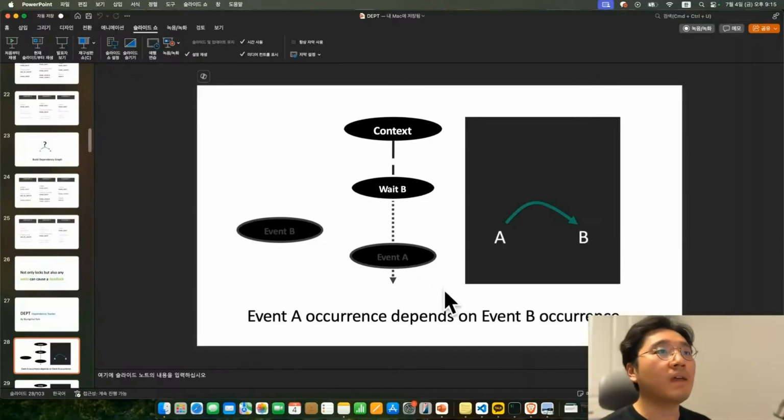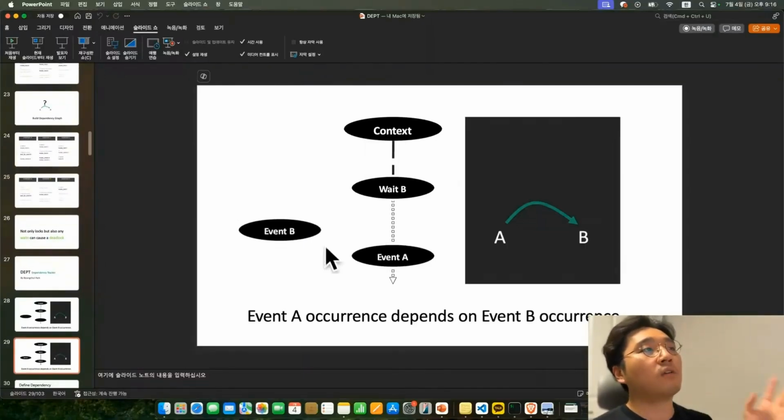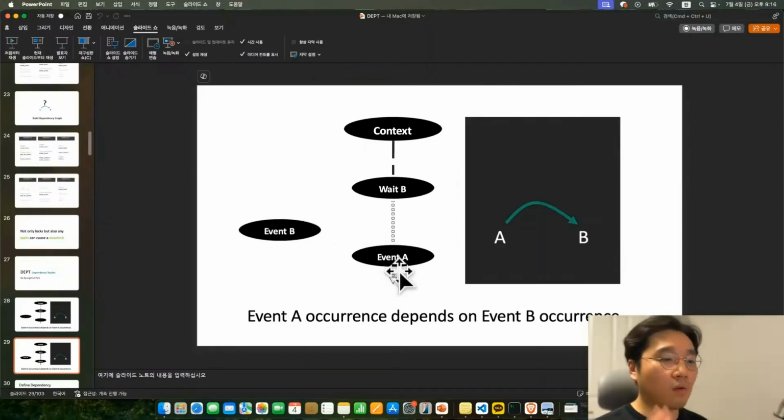So event A's occurrence depends on event B's occurrence. So we redefined the concept. When event A's occurrence depends on event B's occurrence, we draw a dependency graph from A to B, right? So if event B occurs from this point, event A can occur, right?